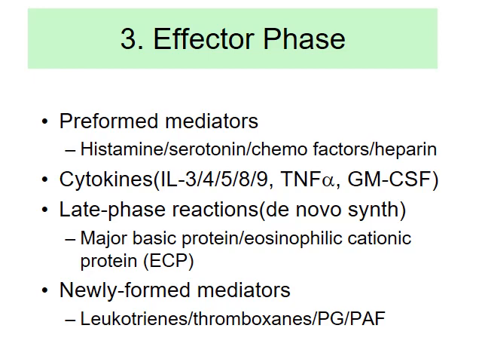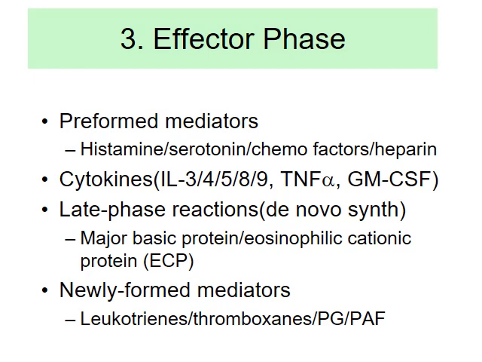Some of the mediators in the mast cells are already formed there, pre-formed. Some are formed after activation. So they are on order, right? So you have to order them, right? So the most important pre-formed mediators are histamine, we talked about that, serotonin, chemokine factors, and heparin. So these are some of the important ones, and you have to come up with a line of drugs against them: anti-heparin, anti-serotonin, okay?